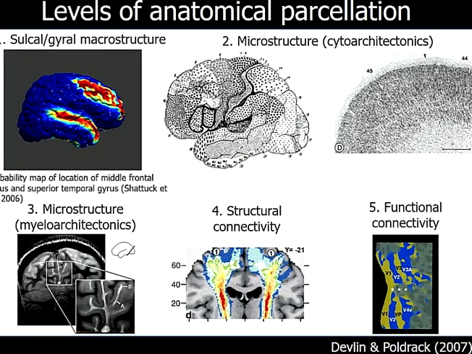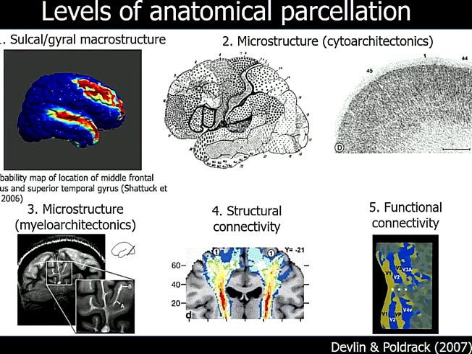So, for example, some of the delineations that exist in the human brain don't exist in the monkey brain even. Microstructure or cytoarchitecture, the architecture of cells present in the cortex. I'm going to talk about this as a starting point. Myeloarchitectonics, the structure of myelin. Structural connectivity. And then, of course, functional connectivity.